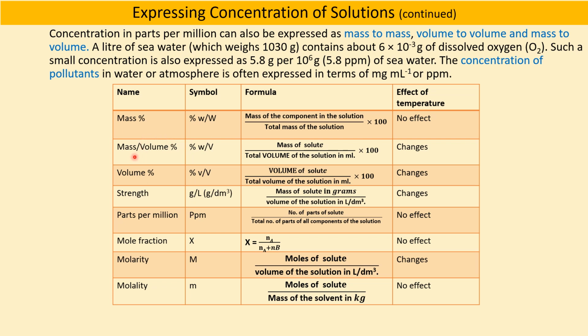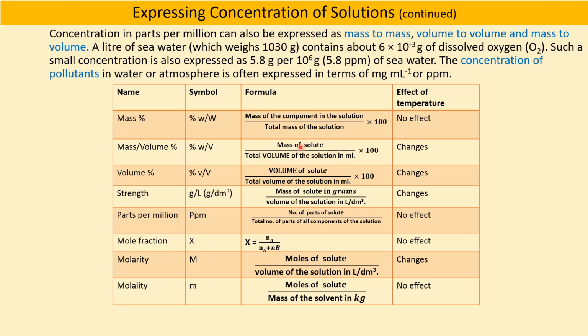The next one is mass per volume percentage. Its symbol is percent W by V. Its formula or definition is mass of solute divided by total volume of the solution.